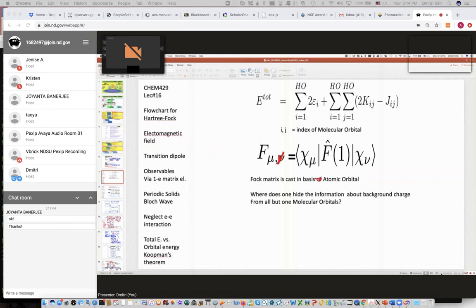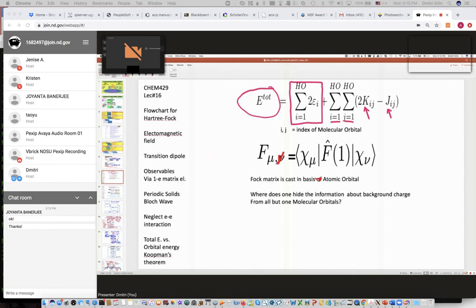The main goal of any computation is total energy, and when we are using the concept of Hartree-Fock with molecular orbitals, the total energy is composed of the orbital energies of occupied orbitals, so two electrons sitting on each orbital if there is a closed shell, plus the additional contributions to the energy: the Coulomb, which is positive, and the exchange, which is negative, between pairs of orbitals.